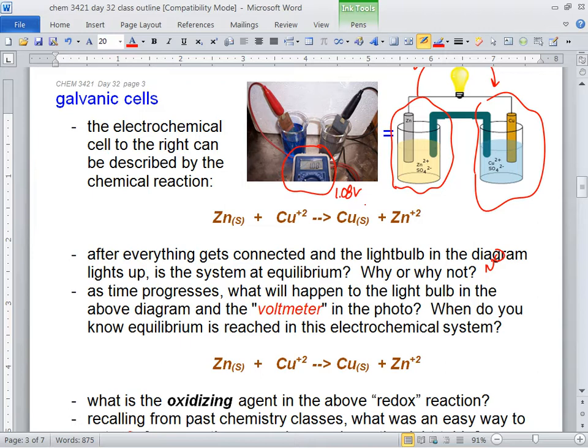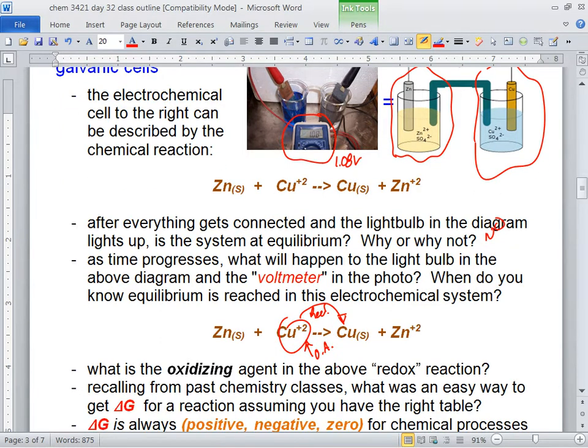Use the words reduced and oxidized. Copper +2 is going from +2 to 0. It's getting reduced. So this guy's getting reduced, and that's the oxidizing agent then.